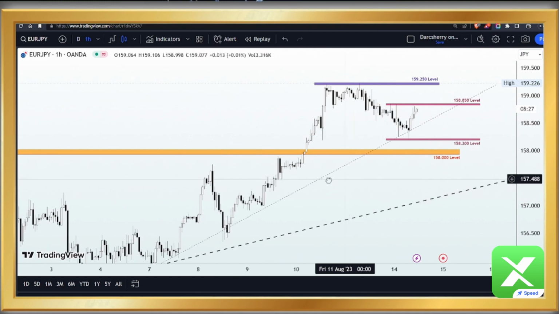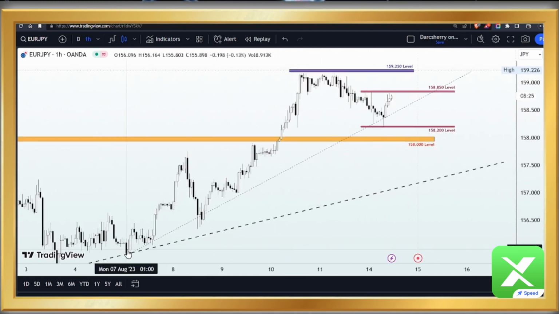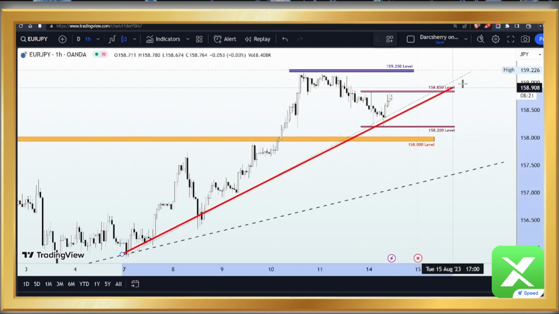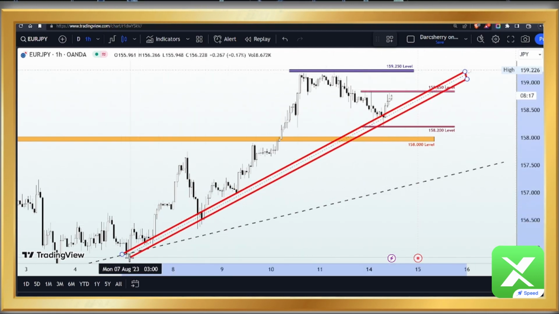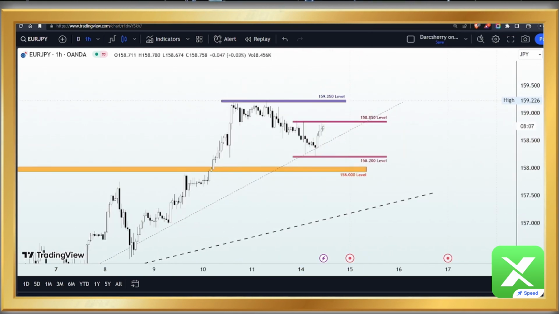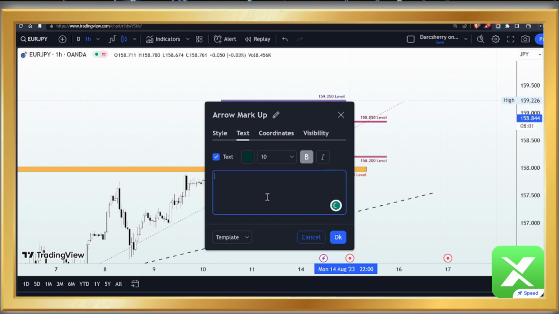Remember, we had this ascending trend line which has been supporting this recent momentum since the beginning of this month. And as long as price remains above this trend line, you know that we have no business selling the EURJPY for today. So with this scenario in place, we shall be looking out for buying opportunities above the 158.850.